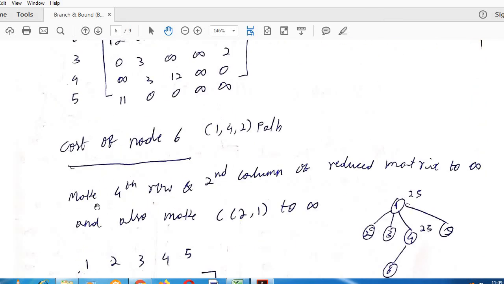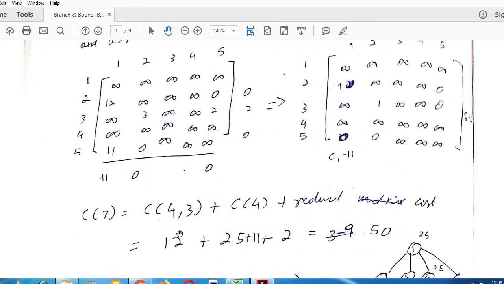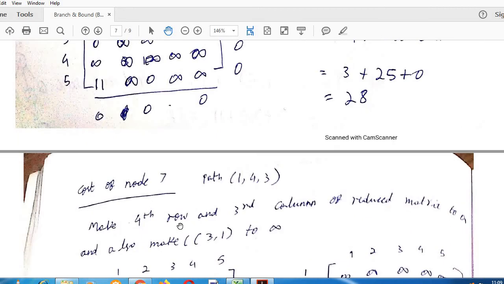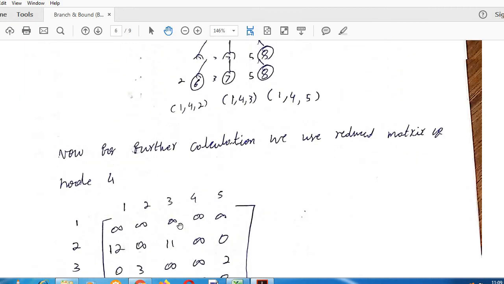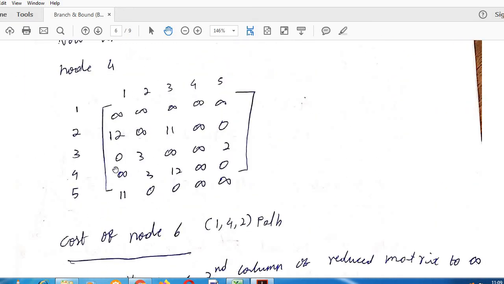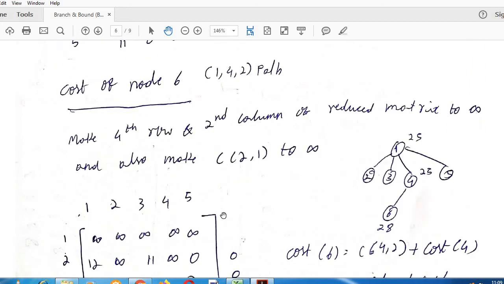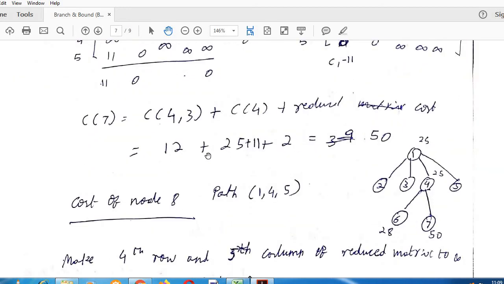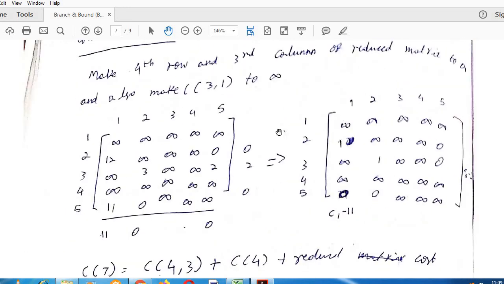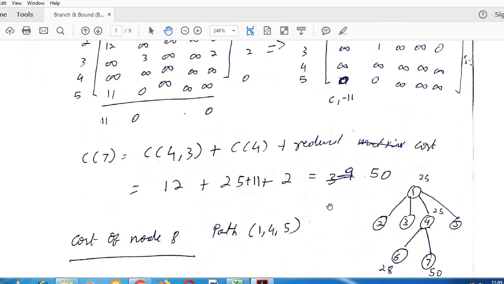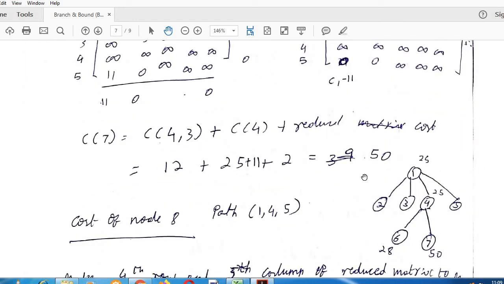So here, as I told, I have to find out the cost of 4 comma 3. The fourth row and third column element is 12, so that I will write down here. The cost of reaching 4 is 25, and the reduced cost will be the sum of all the minimum values, so 11 plus 2, which I have written here. When I add, I will get a cost of 50. So that will be assigned to node 7.